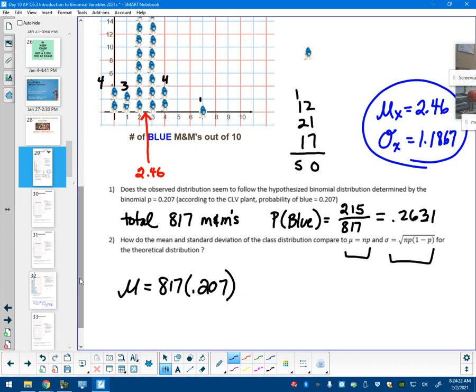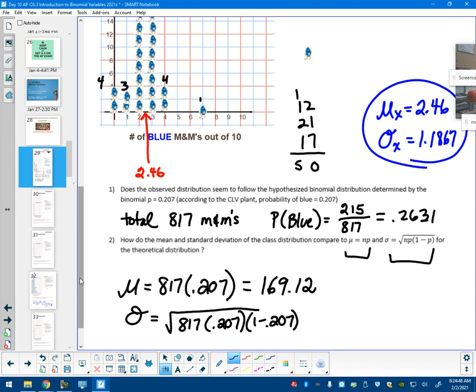We really expected to get 169.12, with a standard deviation of the square root of 817 times 0.207 times 1 minus 0.207.